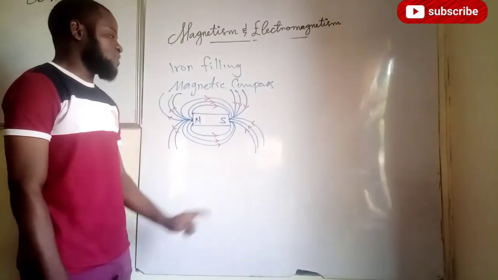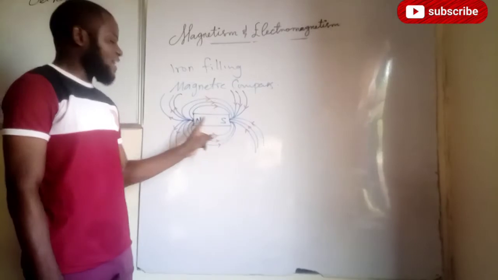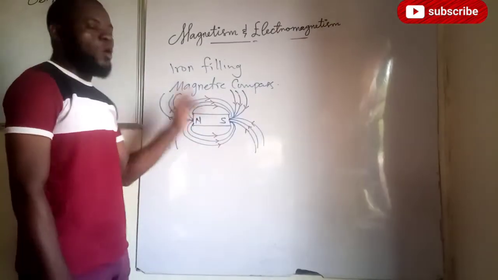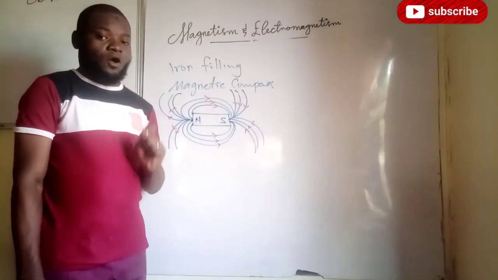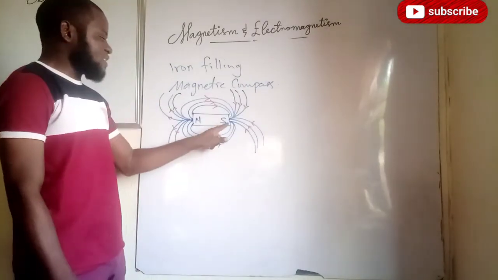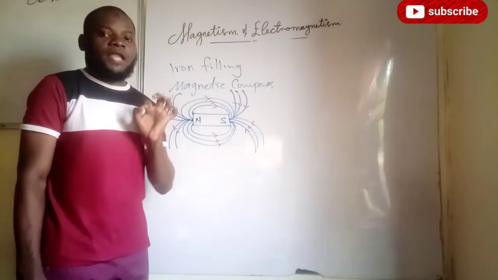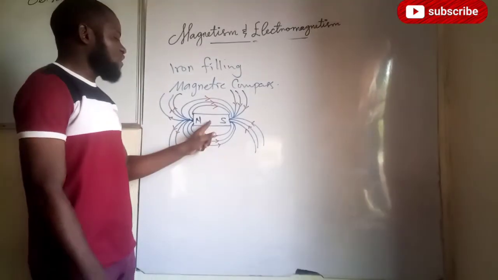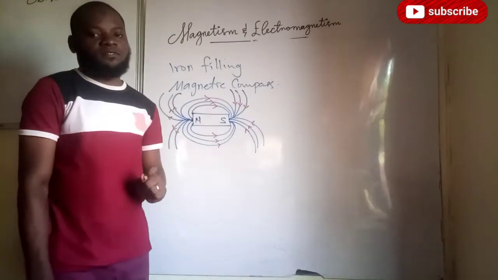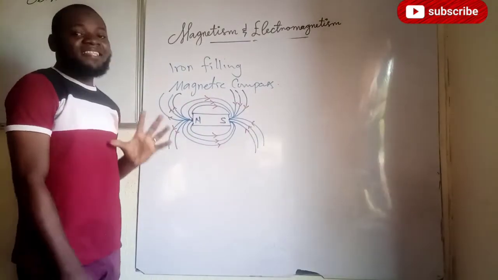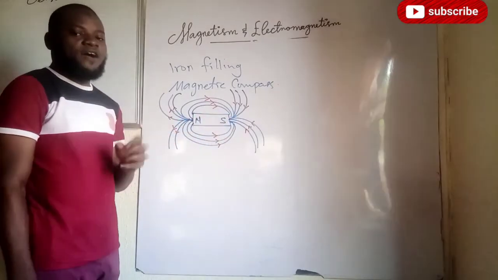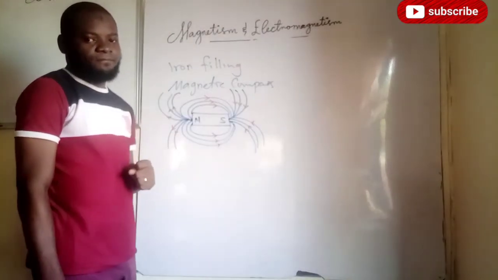This is to tell you that at the poles, the magnetic force is always stronger compared to other regions of the magnet. So if you are using the pole to attract an object, it attracts faster and stronger than using other parts of the body. You can see that in the diagram.